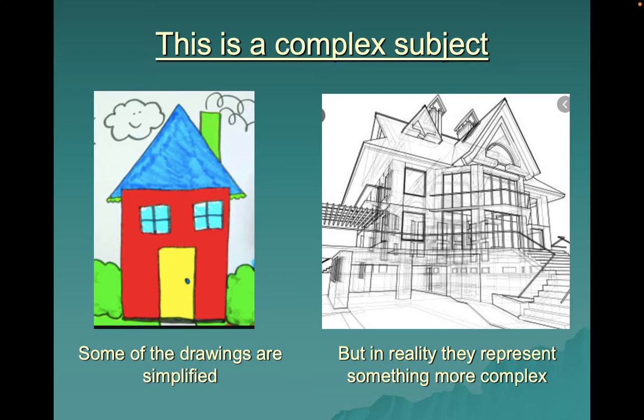Whereas in reality, behind that drawing, the actual truth is a lot more complicated. So just keep in mind that particularly initially, some of the drawings we're using might be more simple, but as we go in depth, we will find out that each shape actually represents something a lot more complex.